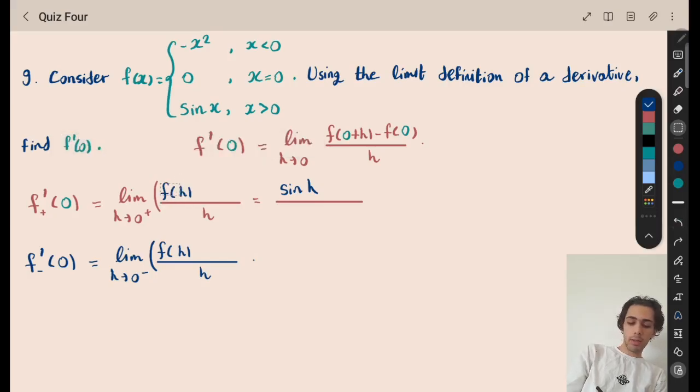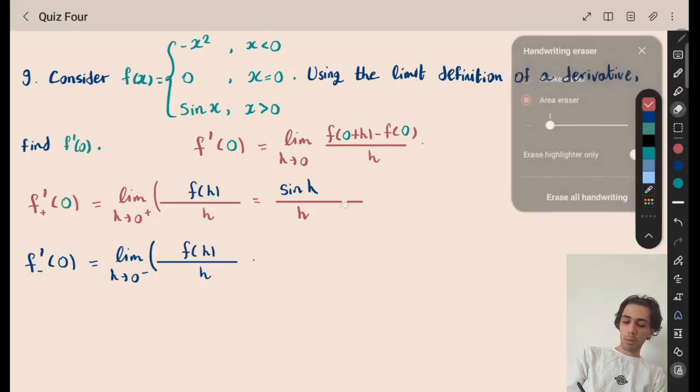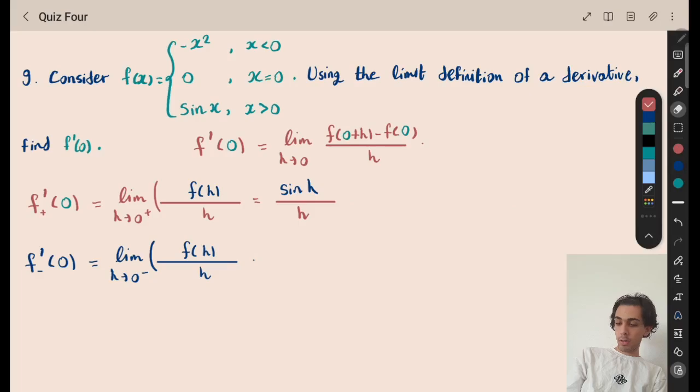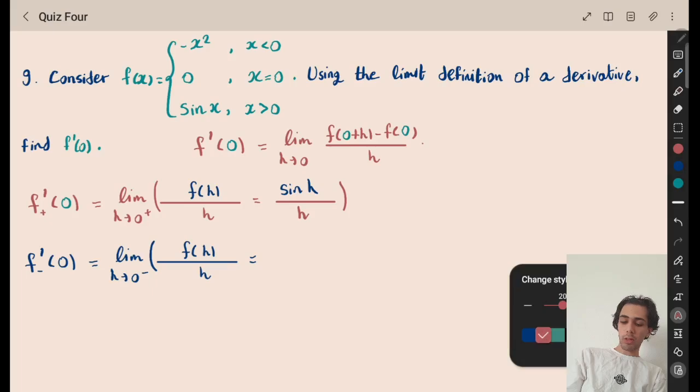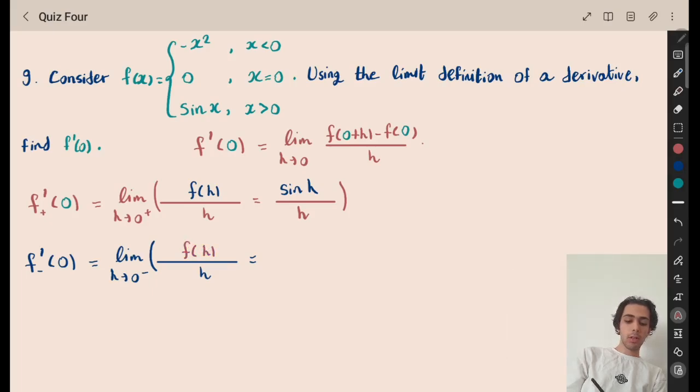Now we're looking at f of h divided by h. Here it's sine of h divided by h, and the limit is going to 0. Maybe that reminds you of something. In the meantime, if you still haven't recalled this, I will substitute the appropriate function for the lower derivative, or the minus derivative.